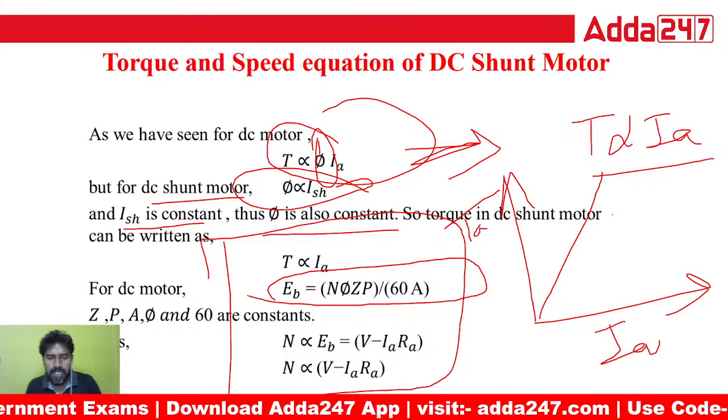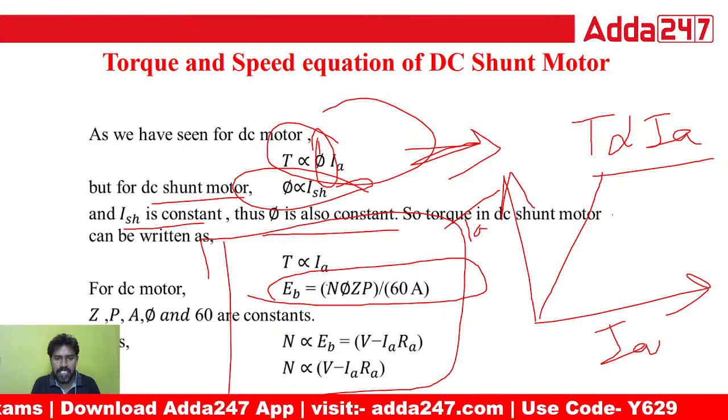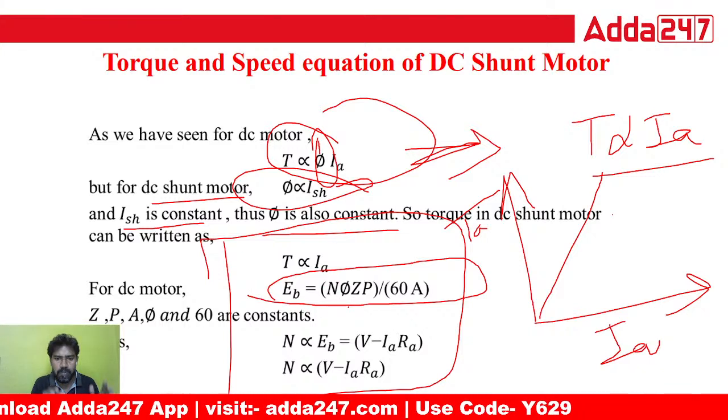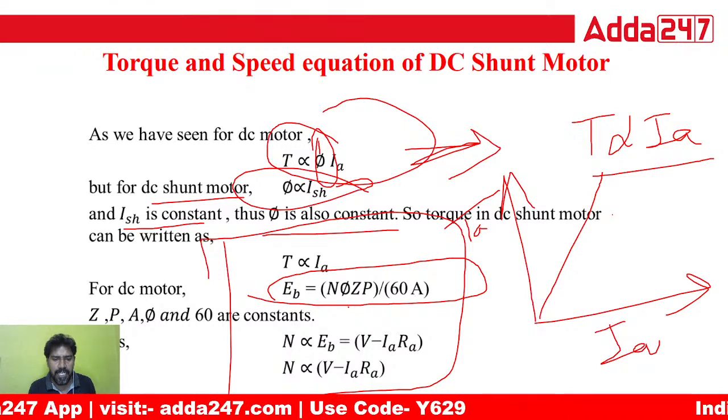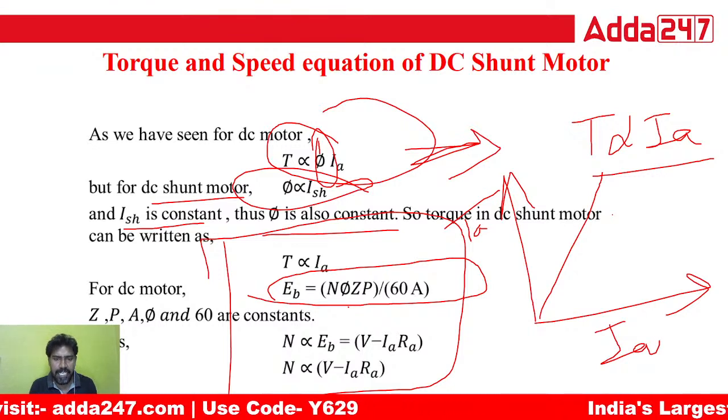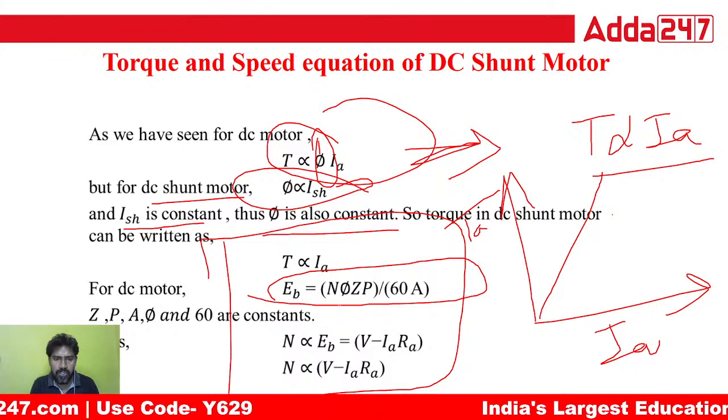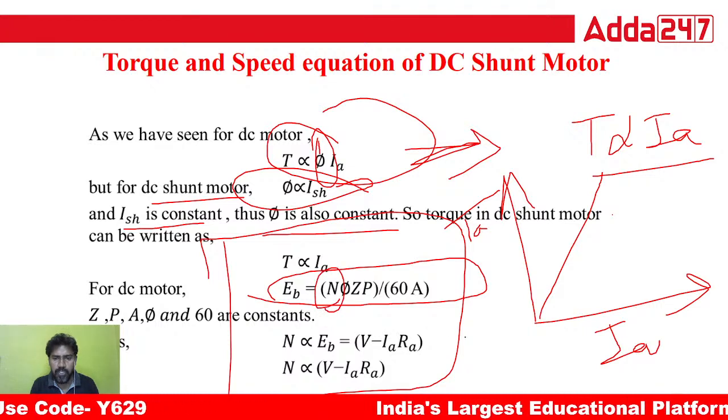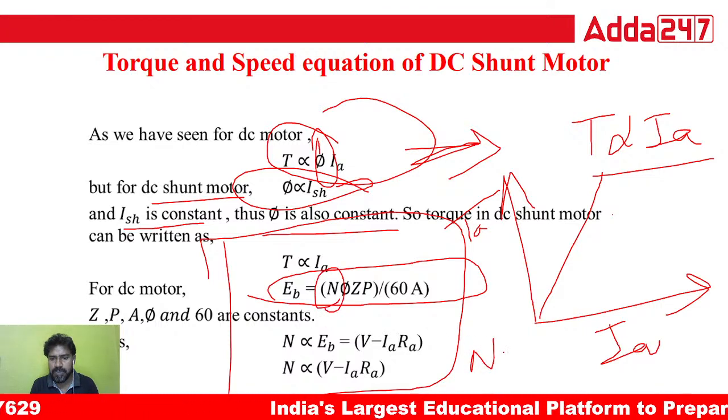So from this equation you can see, if you want to find the armature current and speed characteristics, you need to know the speed. You should keep speed on one side.